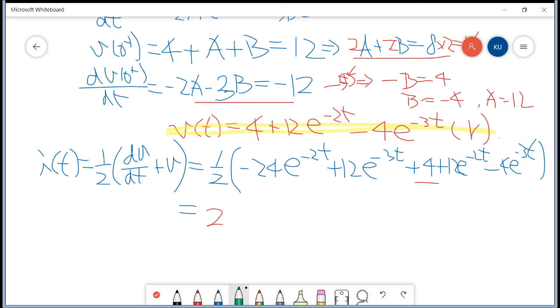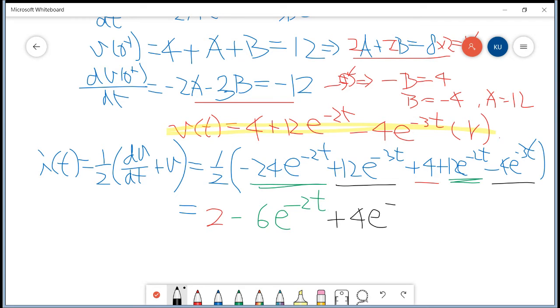And then this one, 12 minus 24, so minus 12 over 2 is minus 6 exponential to minus 2t. And finally, this one, 12 minus 4 is 8, over 2 is 4. Something like this. So I(t) is this one, for t larger than 0, of course.